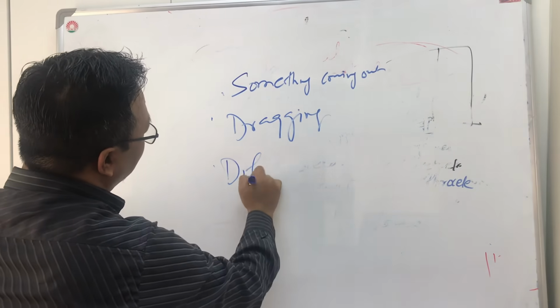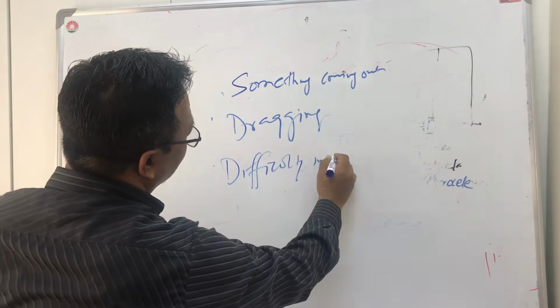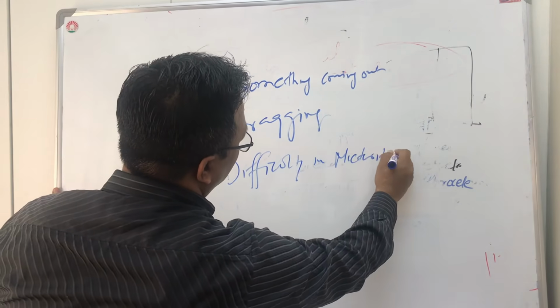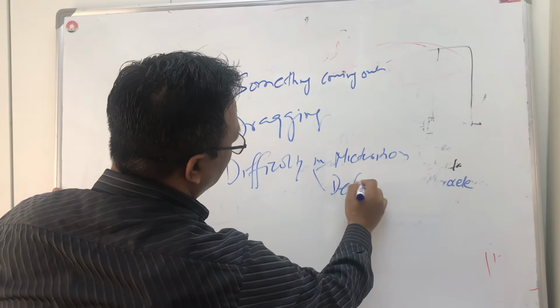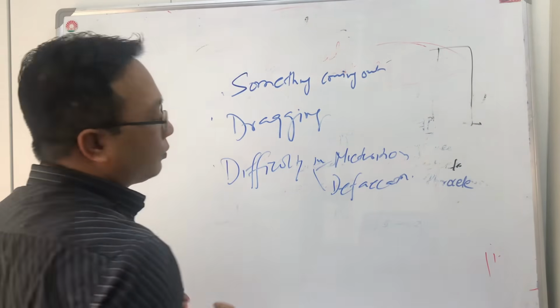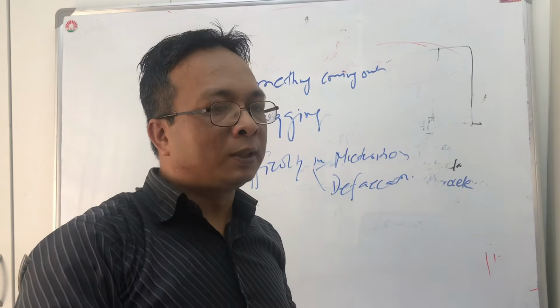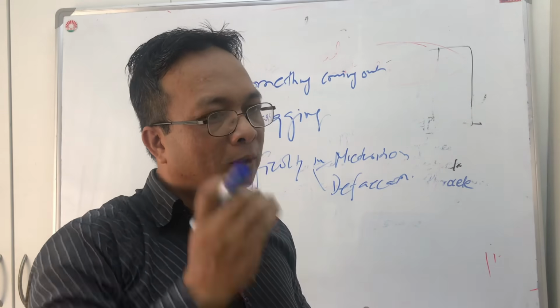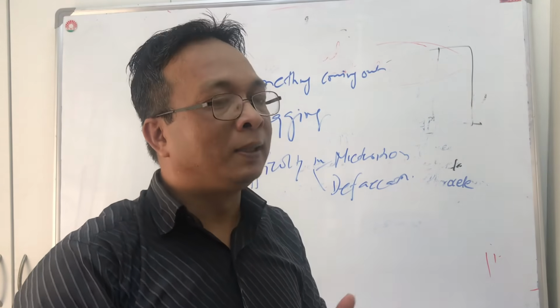Then difficulty in passing urine, difficulty in micturition or defecation. Now if someone has difficulty in micturition or defecation, this is a level 2 defect, when there is a septal tear.